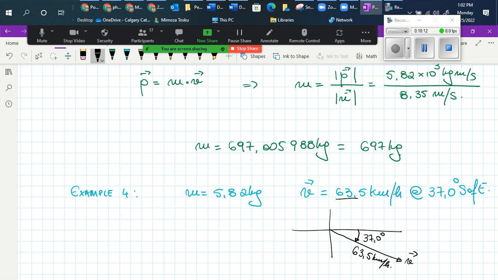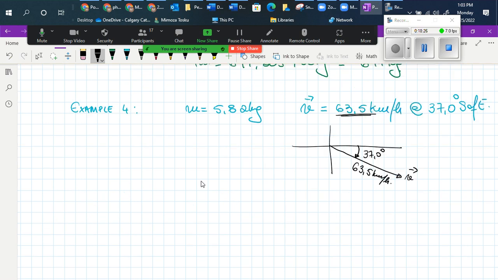So the very first thing that we have to do in this case is to convert the kilometers per hour into meters per second, which means that what we will do is known as unit analysis. So we have 63.5 kilometers in 1 hour.